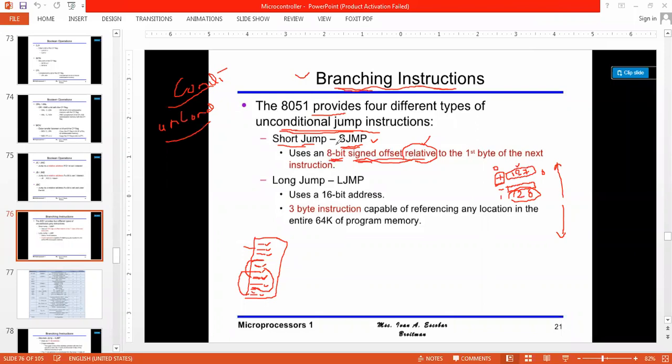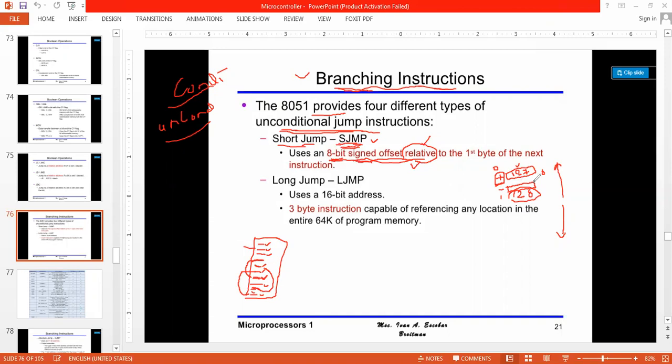The processor is taking a short jump to a particular relative address, and that address is going to be an 8-bit address, a signed address.